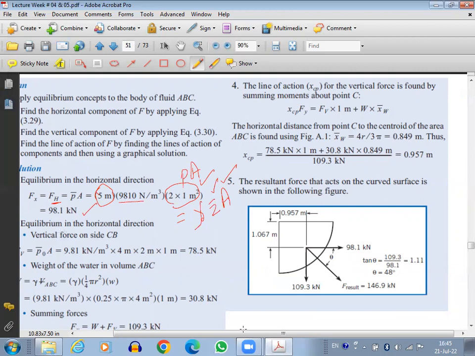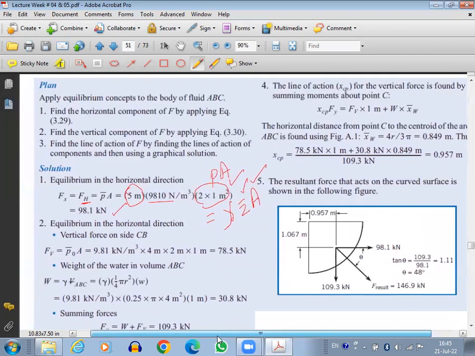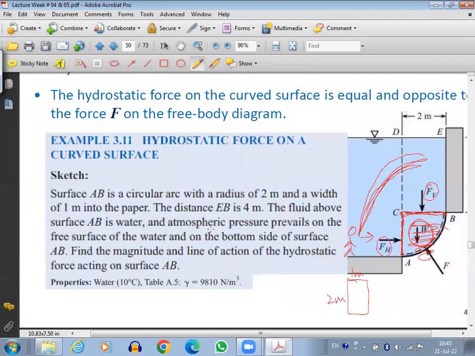Now let's figure out the vertical force on the horizontal projection. Again, the same thing: P, or right here, gamma Z bar area. Suppose somebody is standing here and looking in this direction.